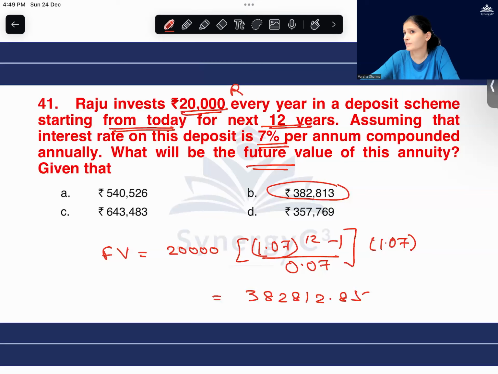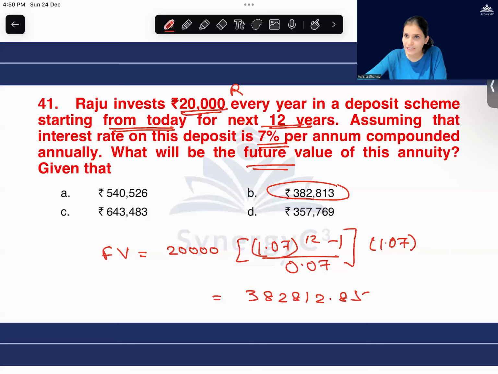Any problem? From today, it starts right now. Annuity due is when you're making the payment right now. Annuity regular is when you're making the payment at the end of the first period. If it is annual, after 1 year will be the time I'm going to pay you for the first time, like a loan.